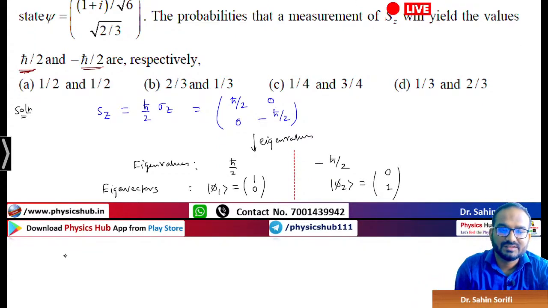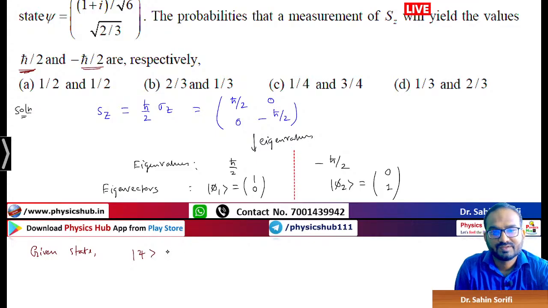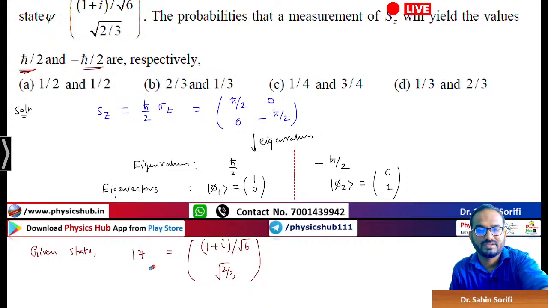Now the given state, let us say this is ket psi, equals 1 plus I by root 6 and root 2 by 3. If we do not write it in ket, that is also okay.